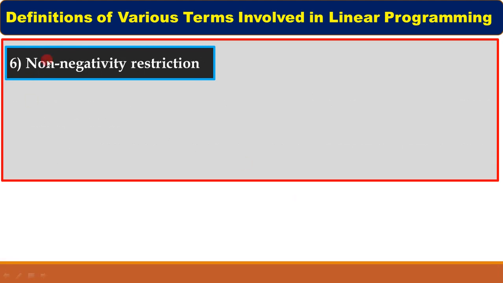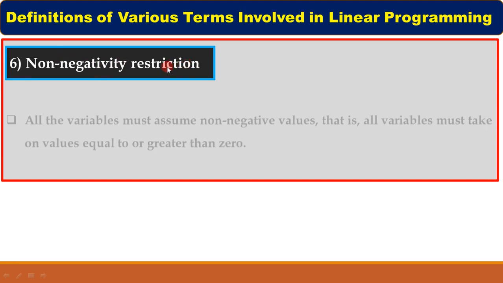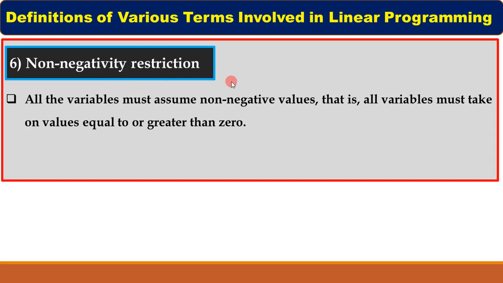And last is non-negativity restrictions. This indicates that whatever decision variables we have calculated after solving the mathematical model, their values are always non-negative. That is, these values of decision variables are always positive.